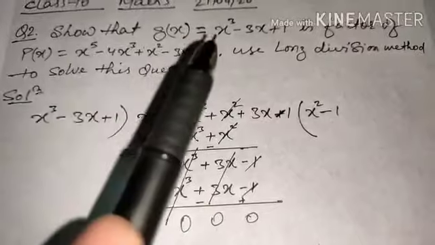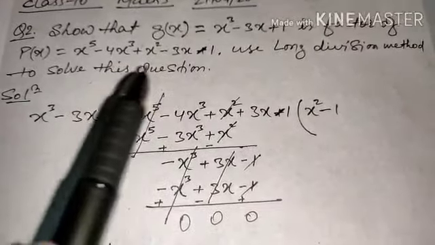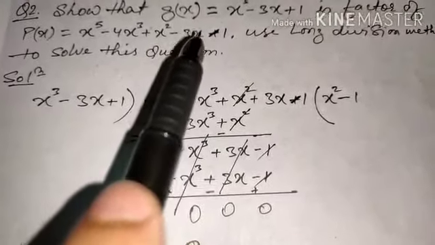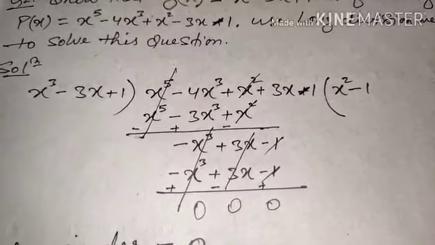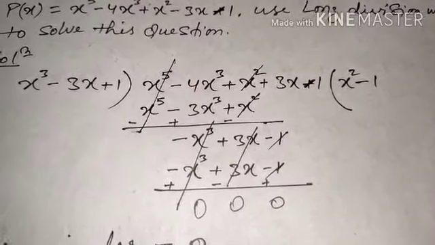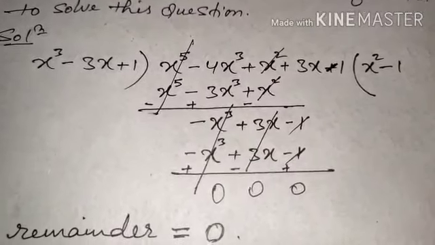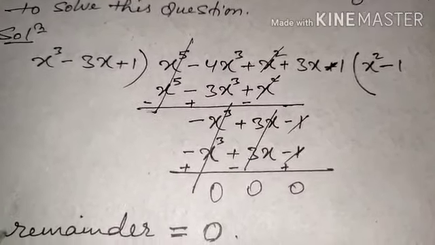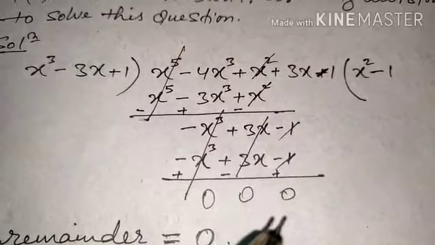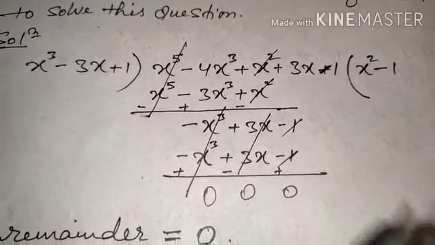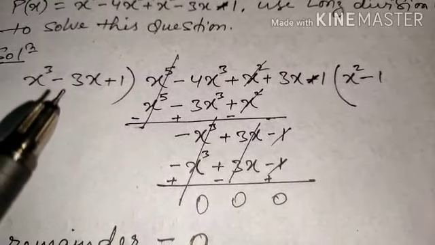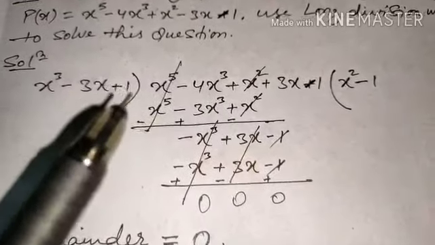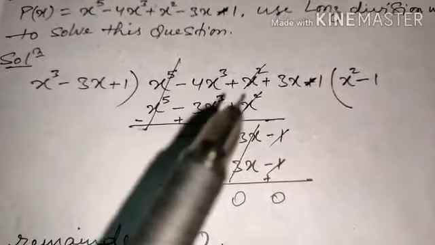So this p(x) must be the dividend, and g(x) must be the divisor. Now put the values at their proper places and perform the long division, and then you can easily get that at last the remainder is going to be 0. Once the remainder is 0, it means this divisor is the factor of this dividend.